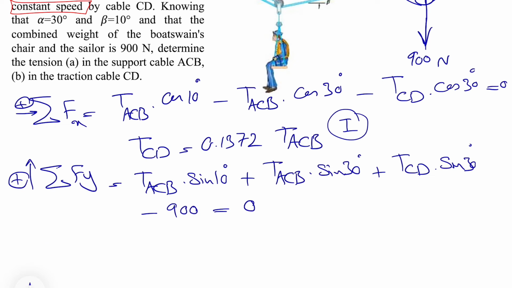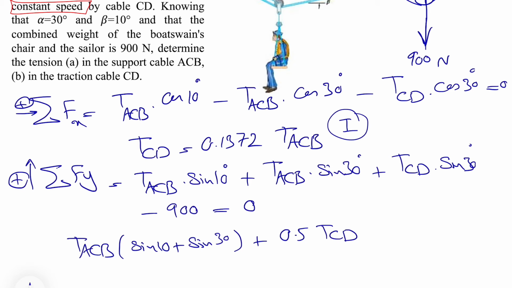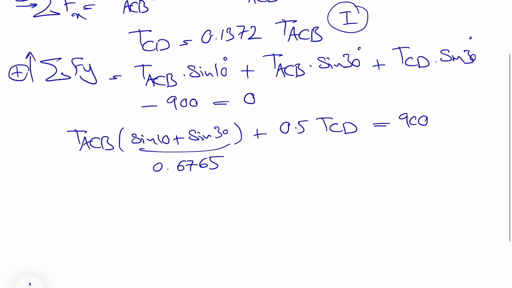So if we substitute the first equation in the second one, we'll have TACB sine of 10. If we factor TACB, we'll have sine of 10 plus sine of 30. And for TCD sine of 30, we know it's 0.5 TCD. This will be equal to 900, and sine of 30 plus sine of 10 would give us 0.6765.